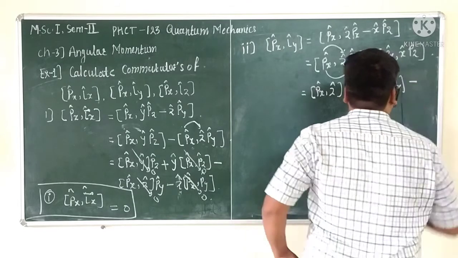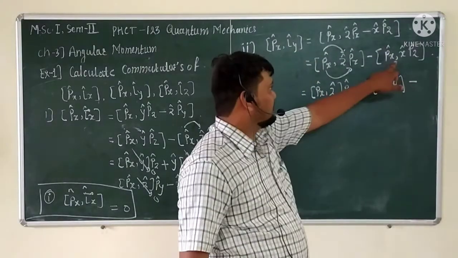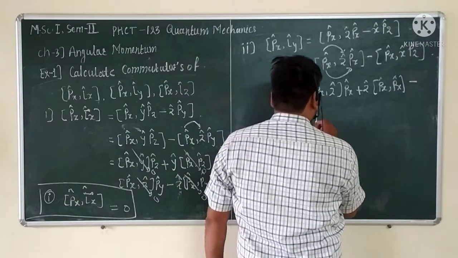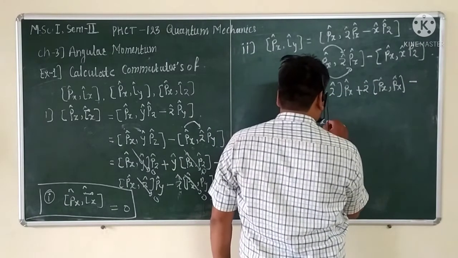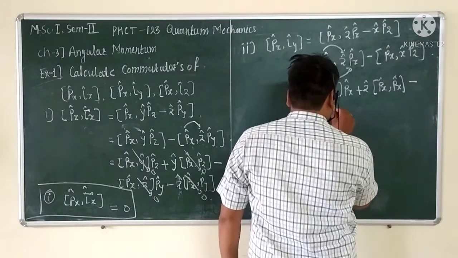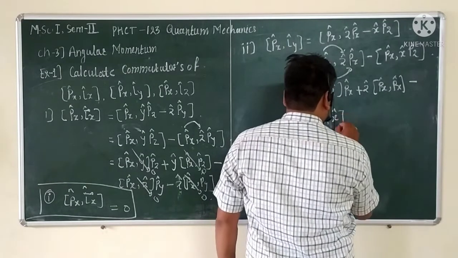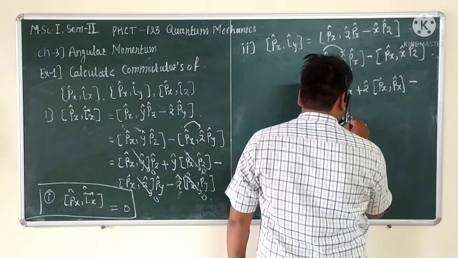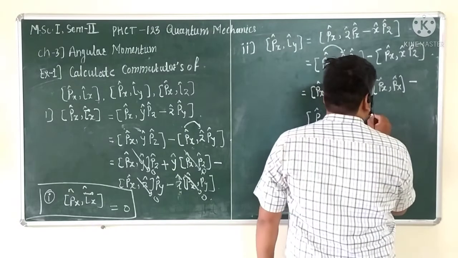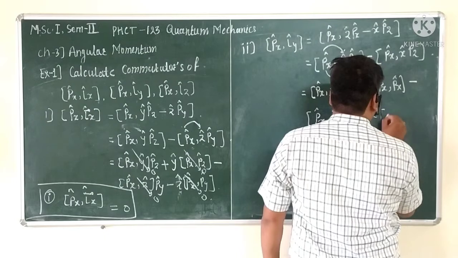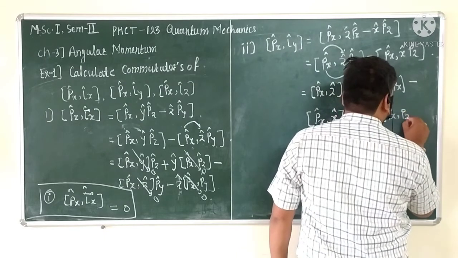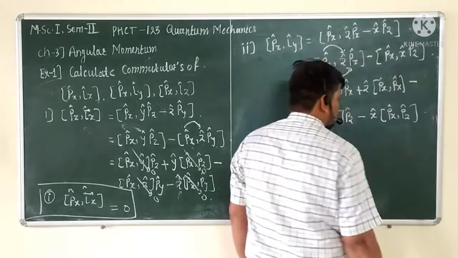Again minus sign: px cap commutes with x cap, so px cap comma x cap outside of this pz cap. Minus sign is also there: x cap is taken outside, and px cap comma pz cap is taken here.